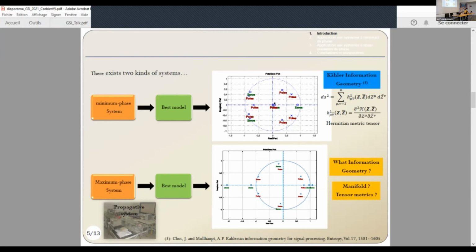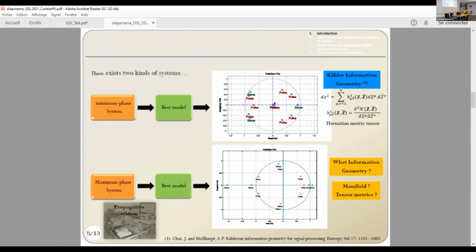In fact, Cho and Murop show that the metric tensor is a Hermitian tensor. Okay. And they came to this relation on the second derivative of the Kähler potential with no condition. Yes, this is a surprising result, but it's very important.